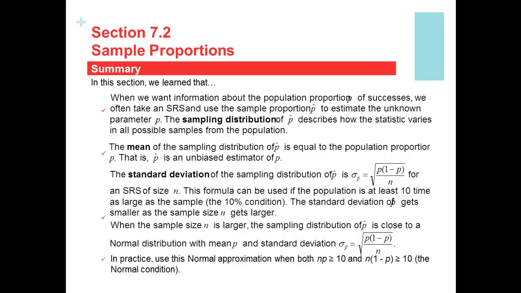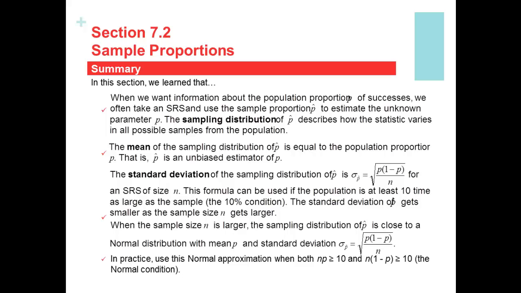That is, p hat is an unbiased estimator of p. The standard deviation of the sampling distribution of p hat is equal to the square root of p times 1 minus p divided by n for a simple random sample of size n. This formula can be used as long as the population is greater than or equal to 10 times the number in the sample. The standard deviation of p hat will get smaller as the sample size n gets larger.